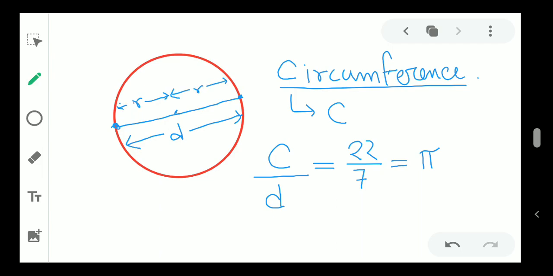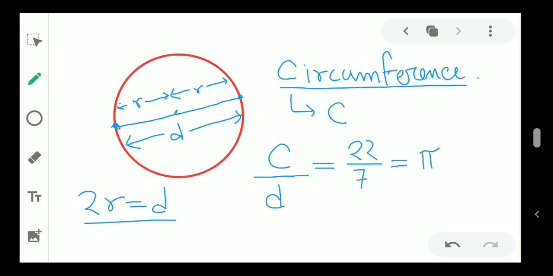So we need two radiuses, or two radii, the plural form of radius. So if we have two radii, that will make a diameter.